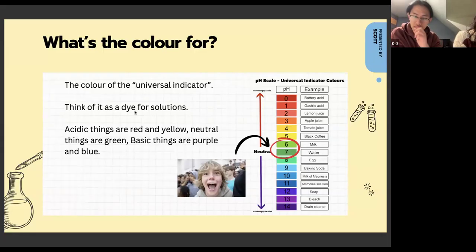Acidic things, when you put the universal indicator in, will be red or yellow, neutral things will be green, basic things will be blue, and the most basic things will be purple. So basically, the neutral range is around 6, 7, 8 in the middle, and then the acidic range goes down to 0, where it'll be really red, and then the opposite for the basic.